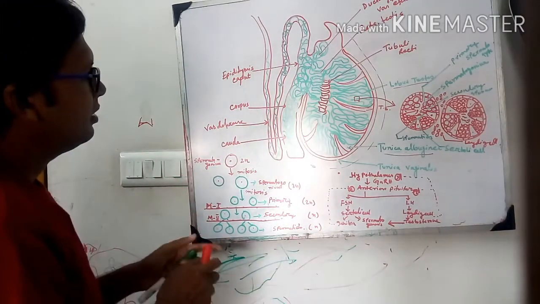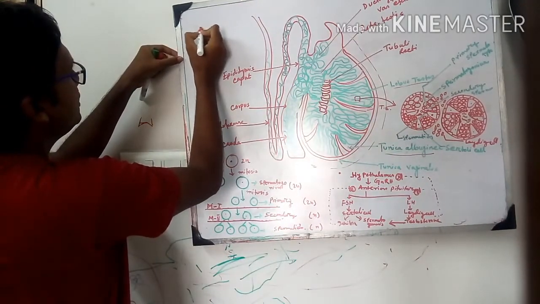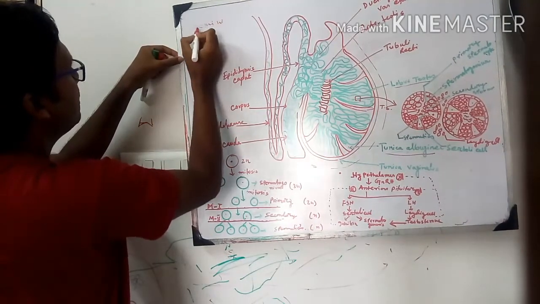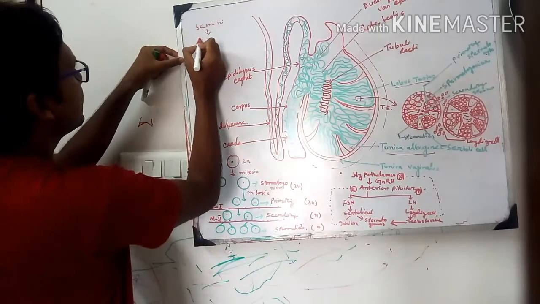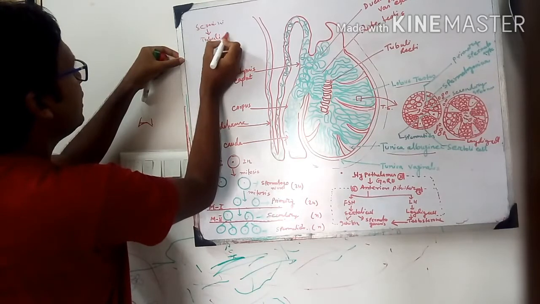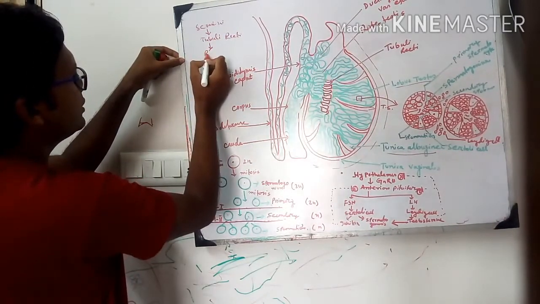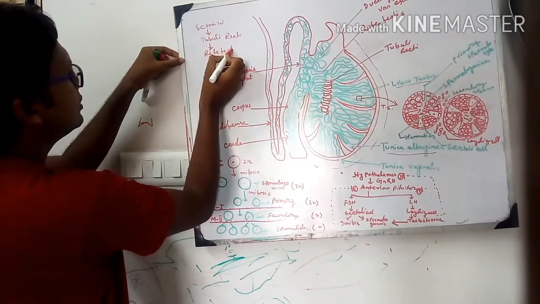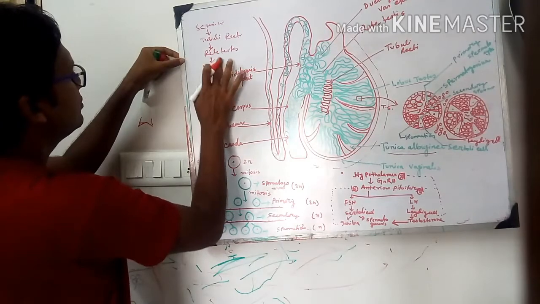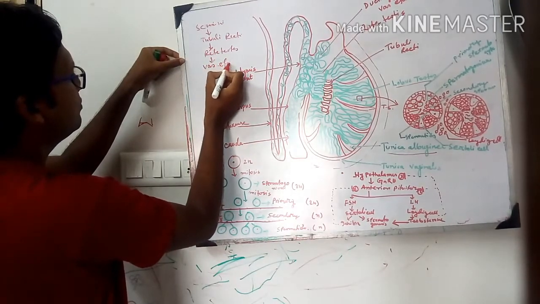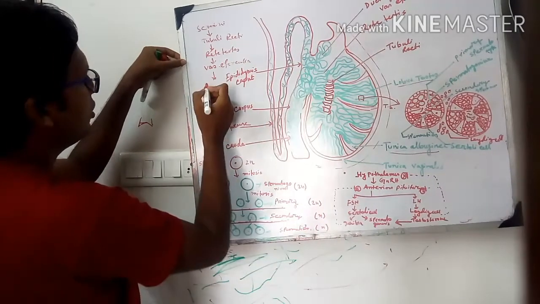So first, this is a seminiferous tubule. From the seminiferous tubule, it goes to tubuli recti, then rete testis, then vas efferentia. Not differentia, efferentia. From vas efferentia, it goes to the epididymis.